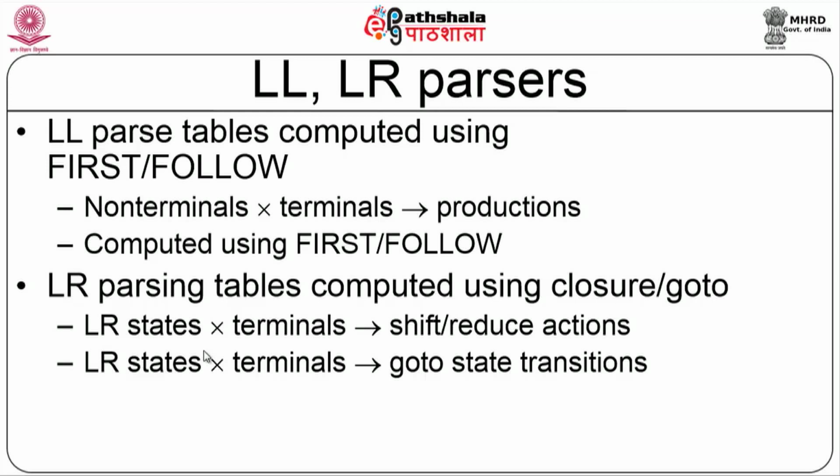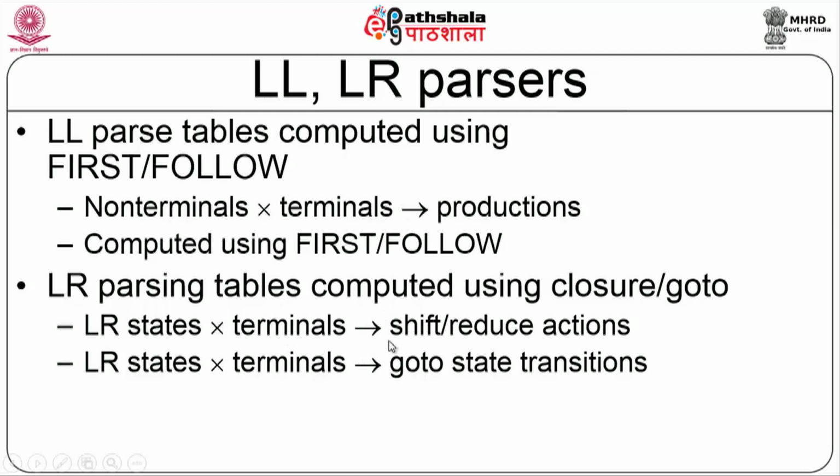For the LL parsing table, we did some pre-processing in terms of left recursion elimination and left factoring. For SLR, LALR or canonical LR parsing tables, there is no pre-processing required, but one extra production has been added as an augmented production, and that production's LHS symbol will become your new start symbol.